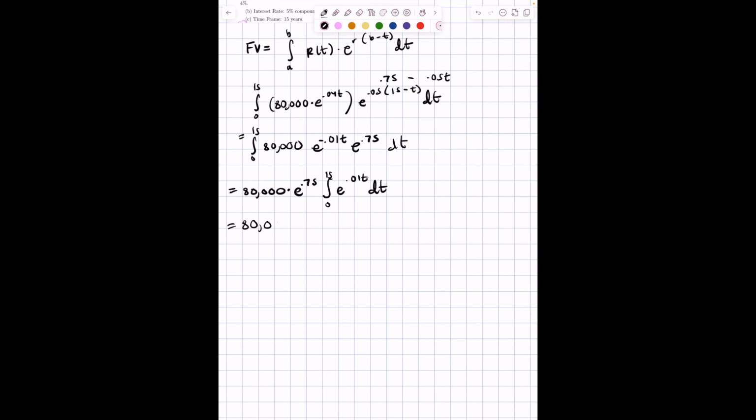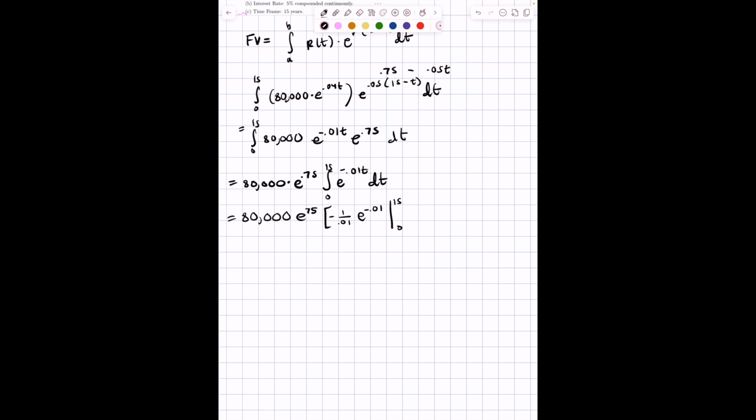Basically, this integral, through some u substitution, just becomes, this is supposed to be negative, it just becomes negative 1.01 e to the negative 0.01t from 0 to 15, something like that. And then we want to compute this integral.